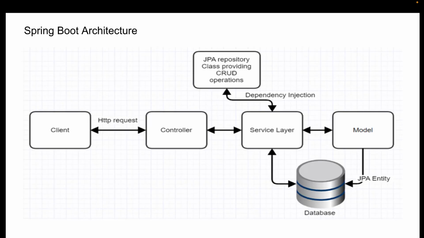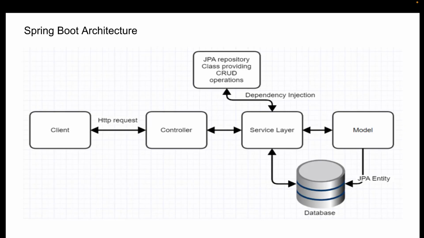Let's see that. The initial thing is you have typed in a URL with some payload, and that is basically your HTTP request. A Spring Boot application has a controller layer.